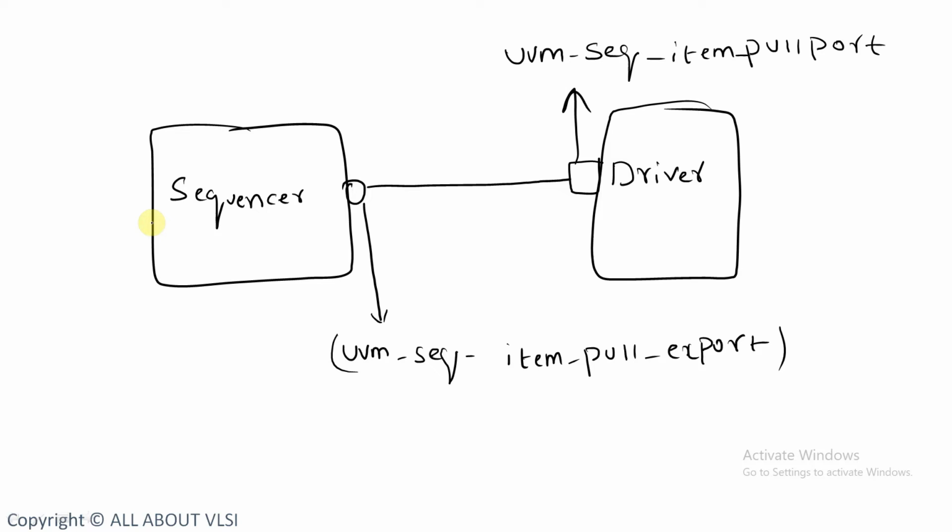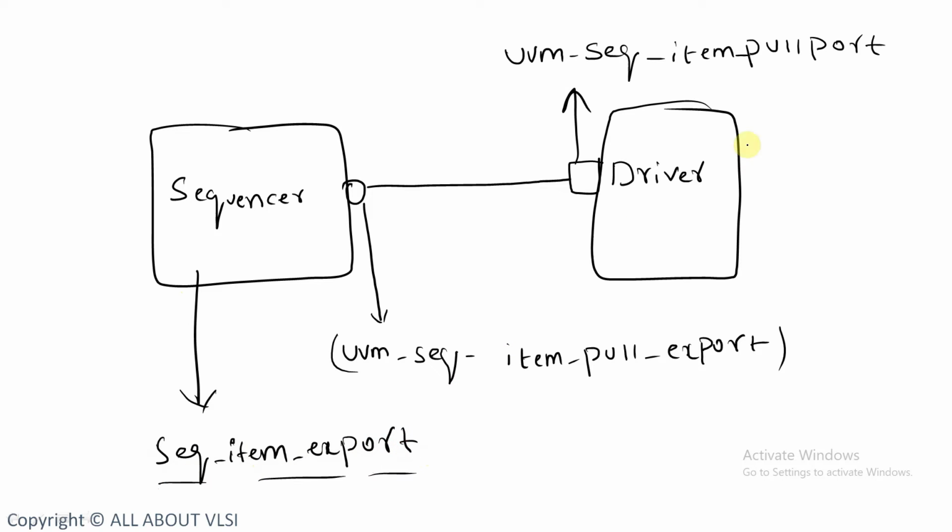The predefined port handle in the sequencer is seq_item_export. In the driver also, we need not declare any handle. There will be a predefined handle, and you don't need to create any instance of it.